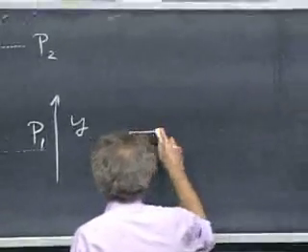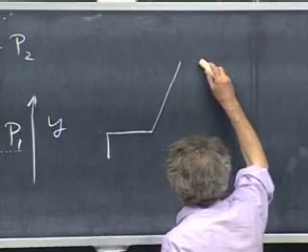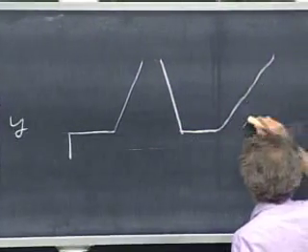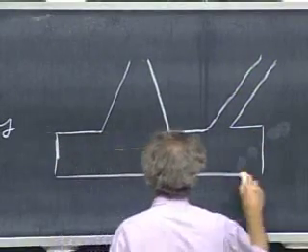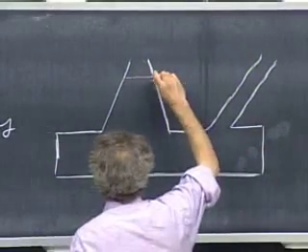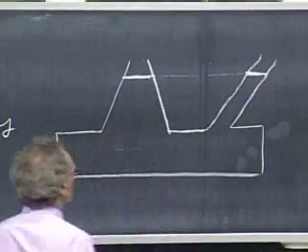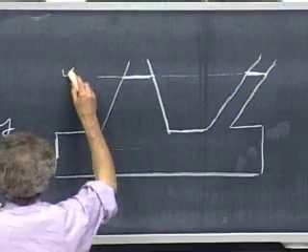Suppose I had a vessel that I fill with a liquid that had a rather strange shape, like so. I would fill it with liquid to this level, and the level here is Y2.